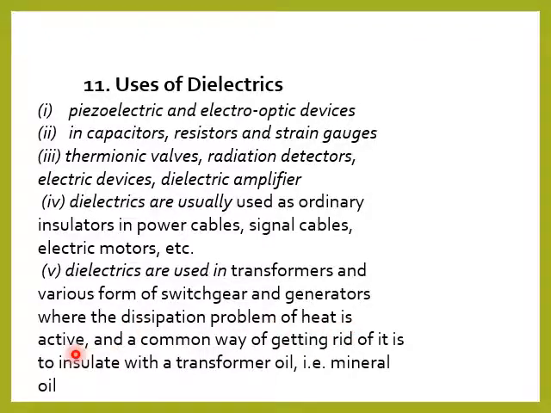Due to this dielectric material filling, there will be less problem of heating. And a common way of getting rid of it is to insulate with transformer oil. Oil is a dielectric material. Mineral oil is used.